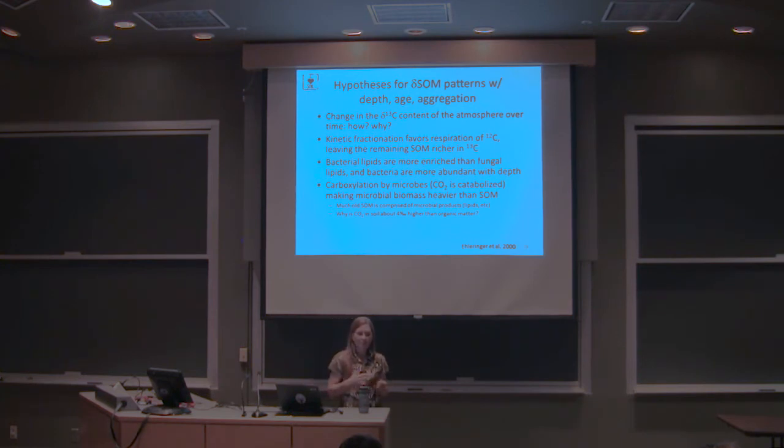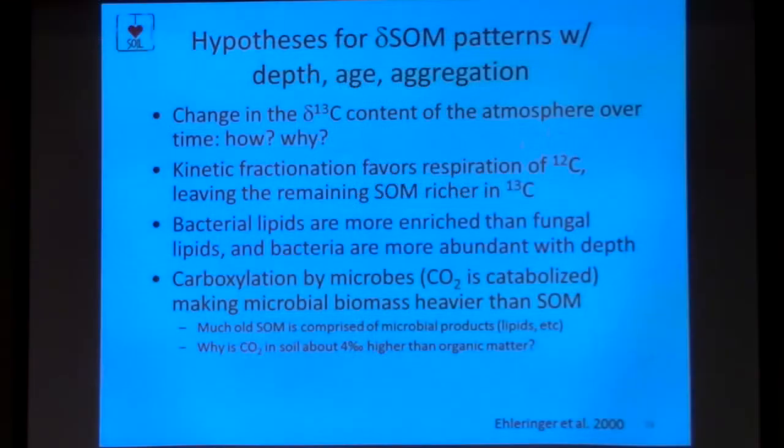Actually, it turns out that the microbes themselves might be partly contributing to this enrichment because bacterial lipids are more enriched in C13 than fungal lipids, and bacteria become more abundant with depth in the profile. I don't know if that's going to explain the age thing, but it may explain the depth observation. And another thing that I tend to favor is that microbes carboxylate CO2.